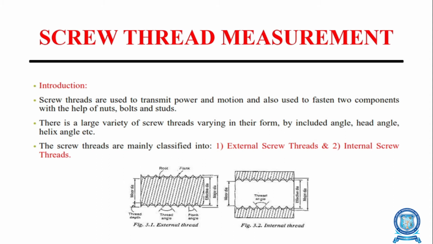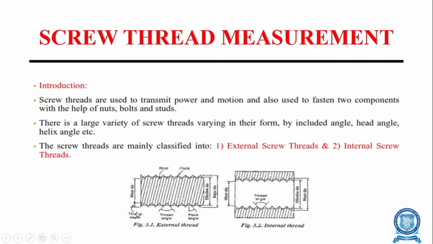Here, there is a large variety of screw threads varying in their form, included angle, head angle, and helix angle. There are two main classifications of screw threads. One is external screw threads and another one is internal screw threads.